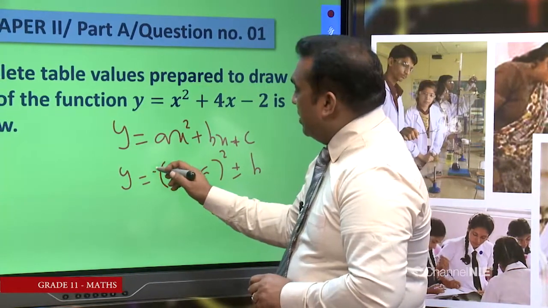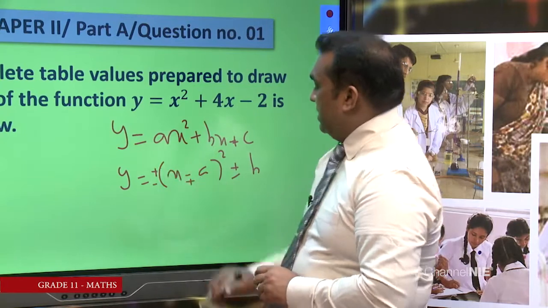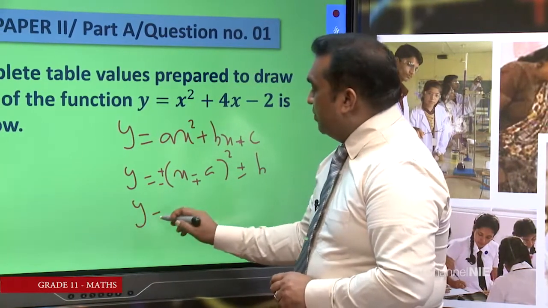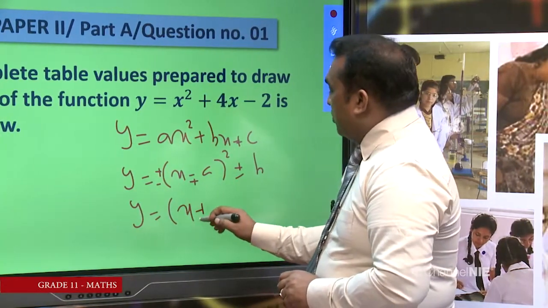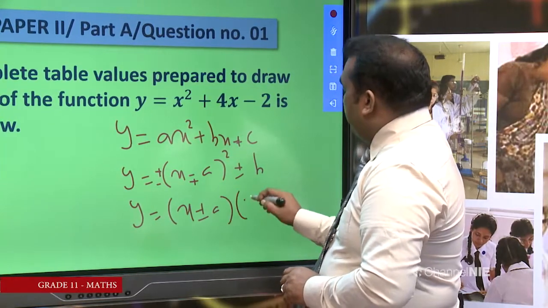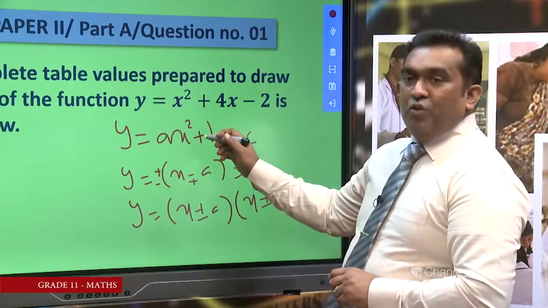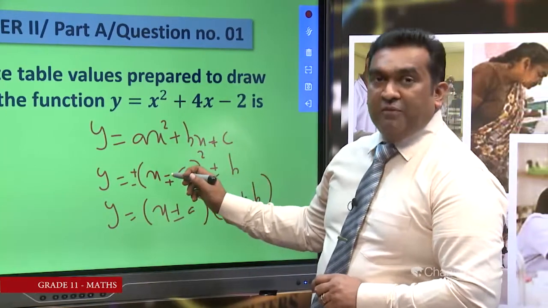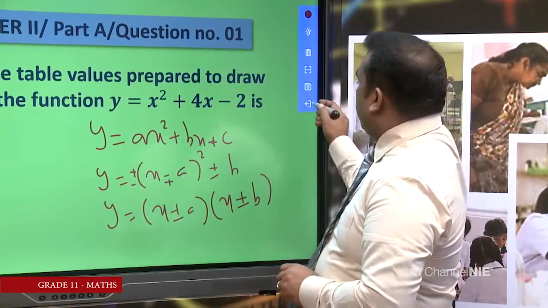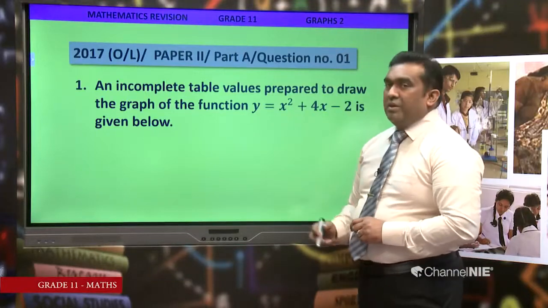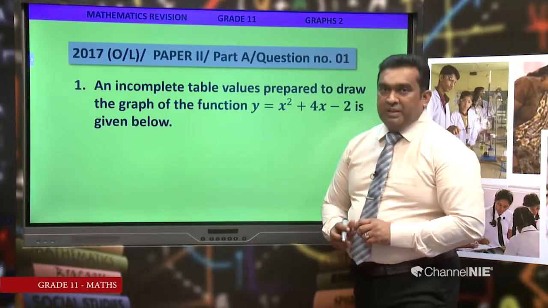Sometimes you may have plus or minus here. Then factor form, (x plus or minus a)(x plus or minus b). Quadratic form, perfect square form and factor form. Here you have a quadratic form.